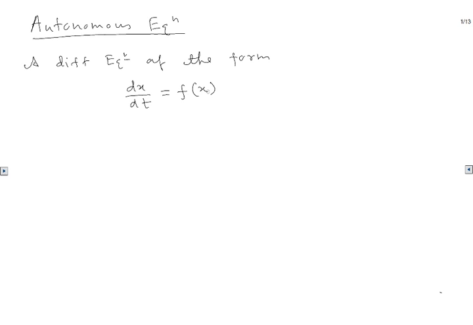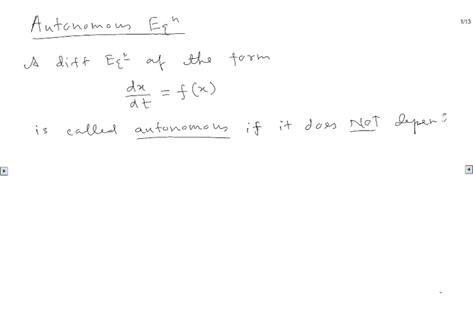So a differential equation of the form dx over dt equals f(x) is called autonomous if it does not depend on the independent variable.